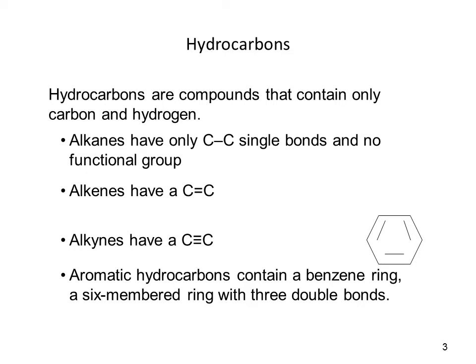It has characteristics unlike any other, and that's why it gets this name aromatic. Aromatic has nothing to do with its smell. It's actually a misnomer. The first aromatic compounds did have a particular aroma with them, but since then we have a number of compounds that don't have the aromatic characteristic, but we call them aromatic compounds.